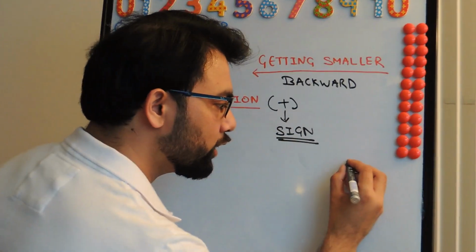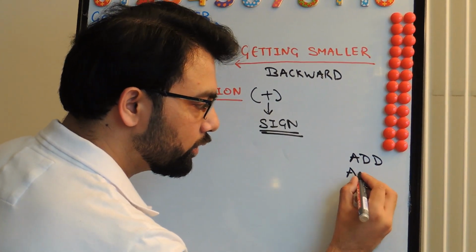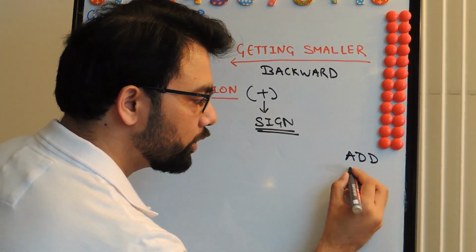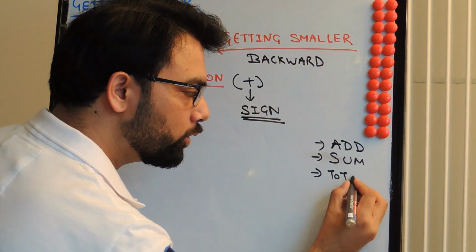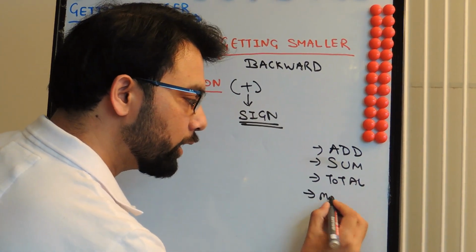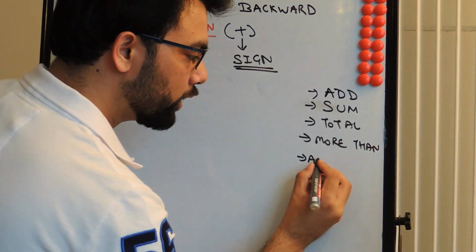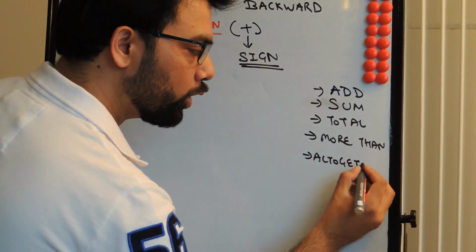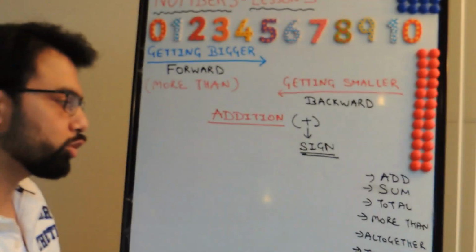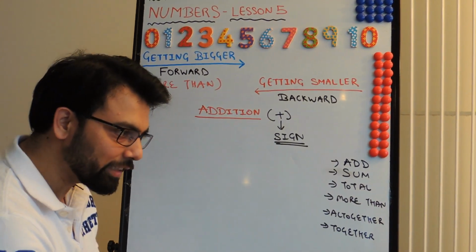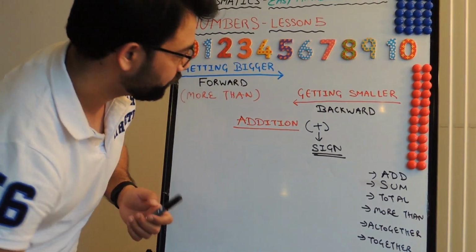When we talk about addition, we talk about add, sum, we say total, we say more than, we talk about altogether, and we talk about together. So today we are going to perform addition exercises by using these words. Okay, so let's start with the exercises now.